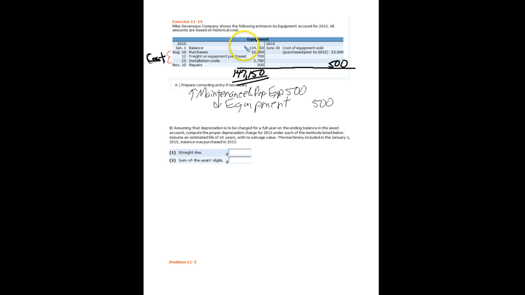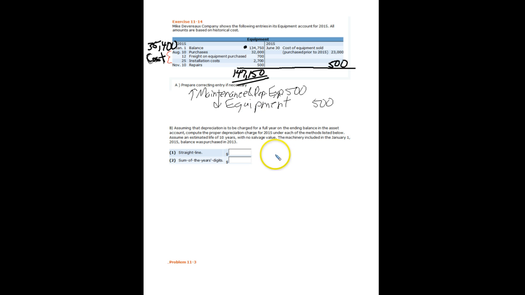That's going to be this beginning balance of $134,750, and then if I add this acquisition and these three costs, the $32, the $700, and the $2,700, those have a cost of $35,400. So this ending balance consists of the beginning less what we sold, plus the new purchase, $35,400.